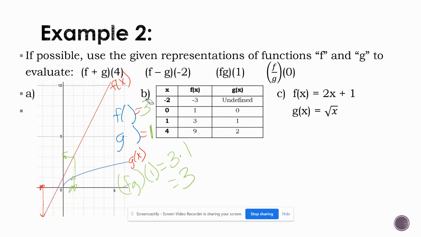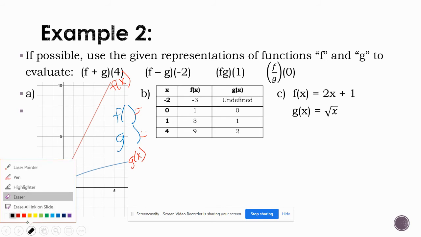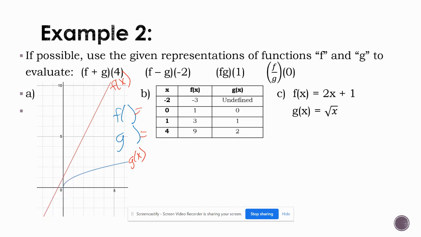And last but not least, they're asking us to find f divided by g when x is 0. So let's do purple. Here is when x is 0. So for g, that is also 0.